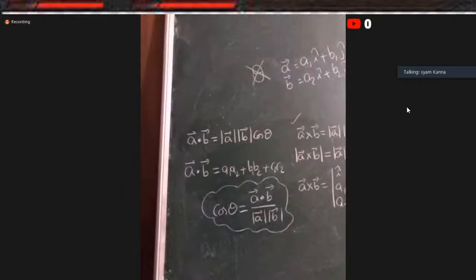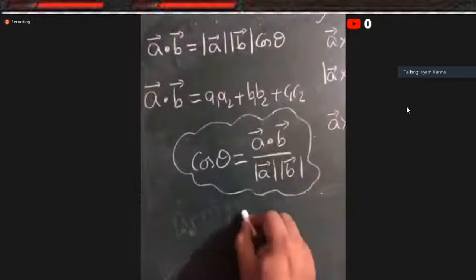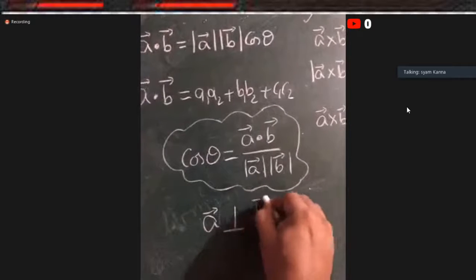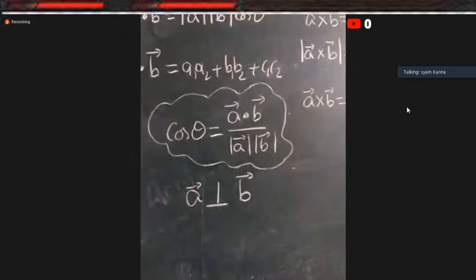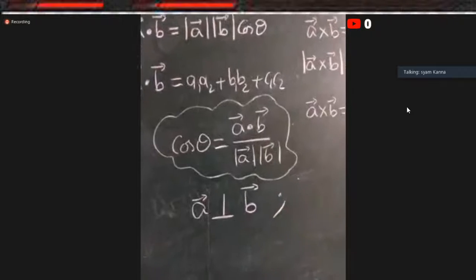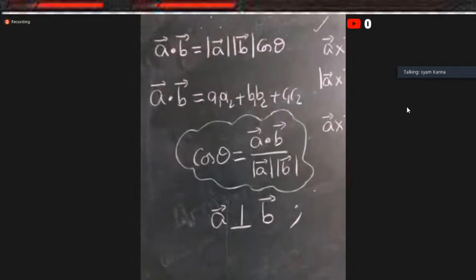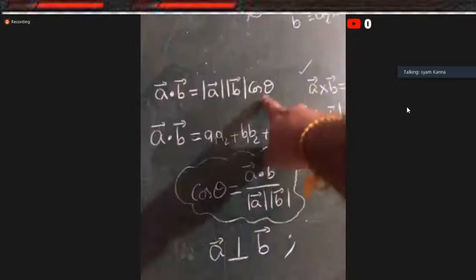Now, when two vectors A bar and B bar are perpendicular to each other, what will happen? Their dot product will be 0, because cos 90 will be 0.